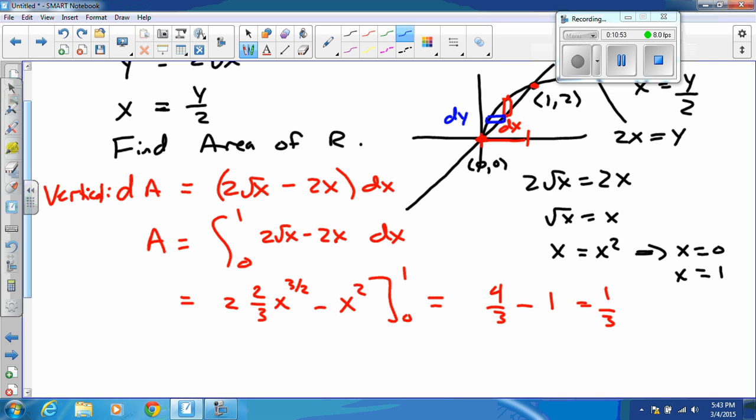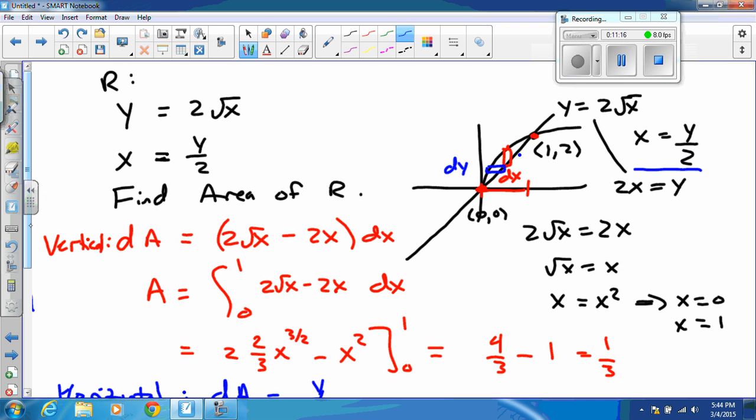But let's suppose that instead I had decided to use horizontal rectangles. Well, in that case, I would label my horizontal rectangle with a height of dy, so that my dA is now going to be the right curve, which is x equals y over 2, minus the left curve.